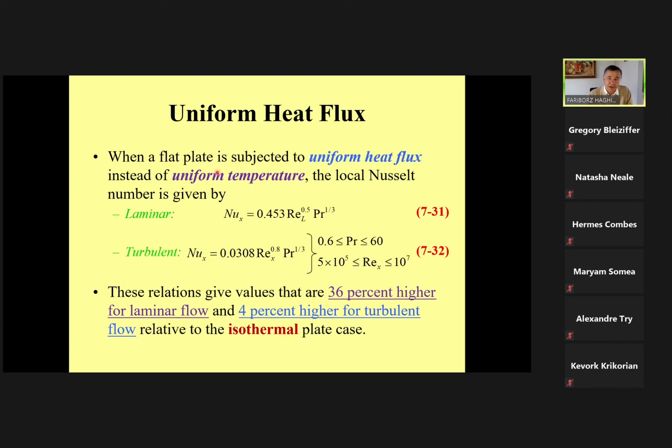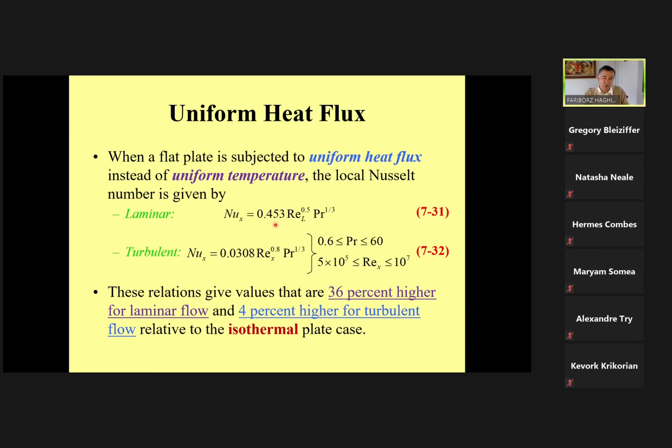If I use isothermal, uniform temperature, this expression gives you a higher value for laminar, but not that much for turbulent. It is trying to show that if we change the boundary condition, whether the plate is at uniform temperature or uniform heat flux, the correlation will change.